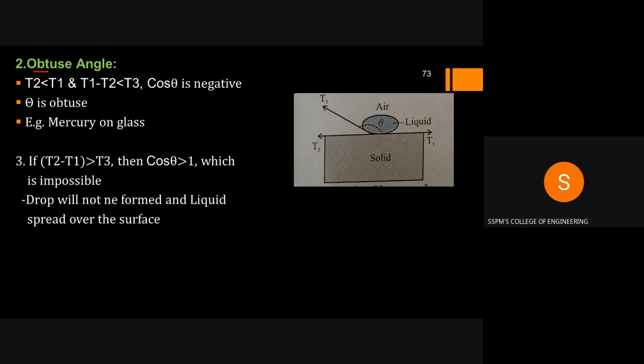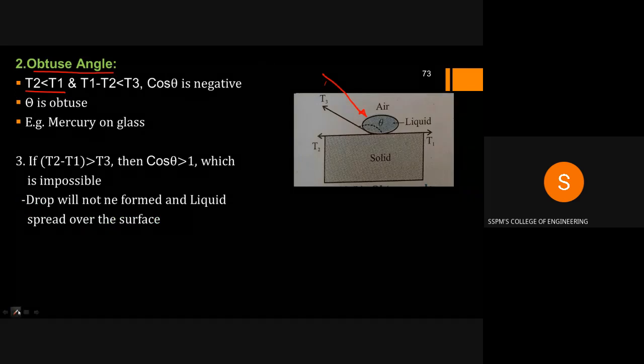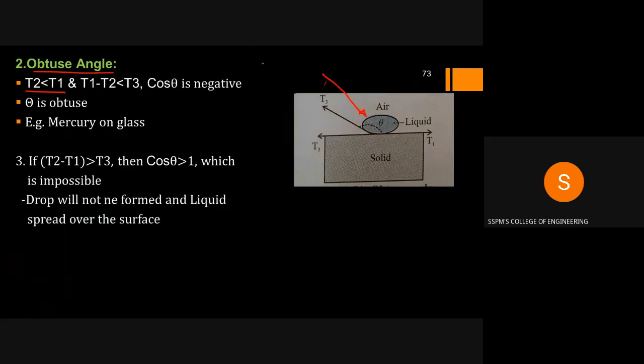Now the second is the condition for an obtuse angle. You can refer to the figure. Here T2 is less than T1. Our basic formula is cos theta equals (T2 minus T1) upon T3.